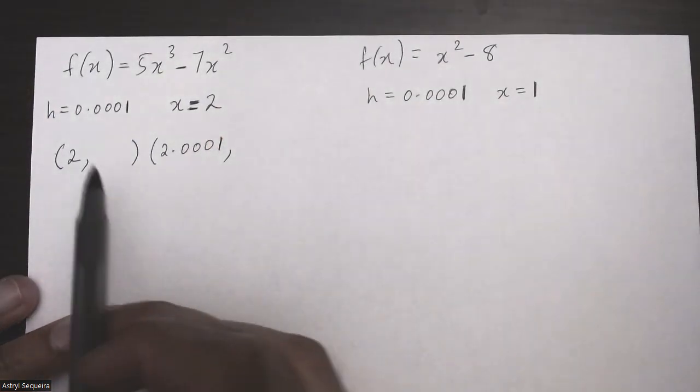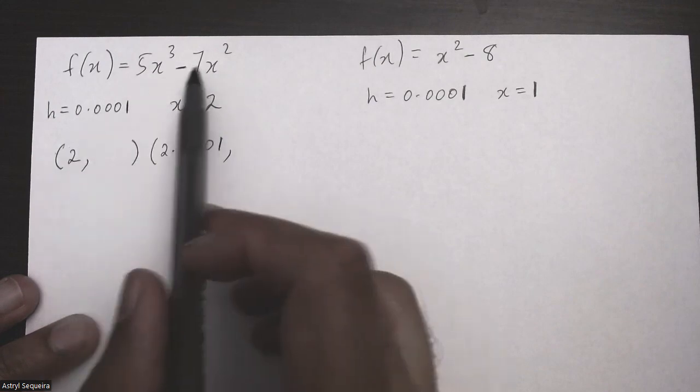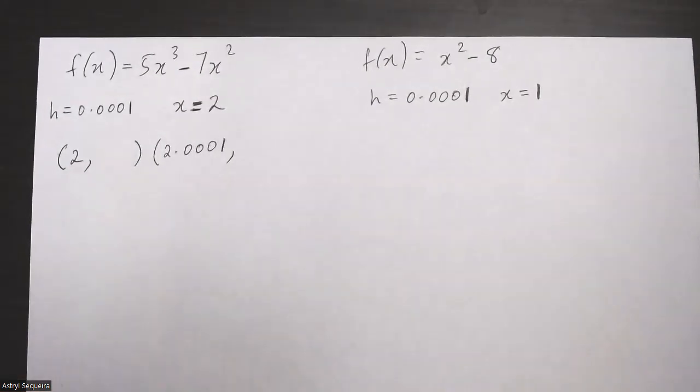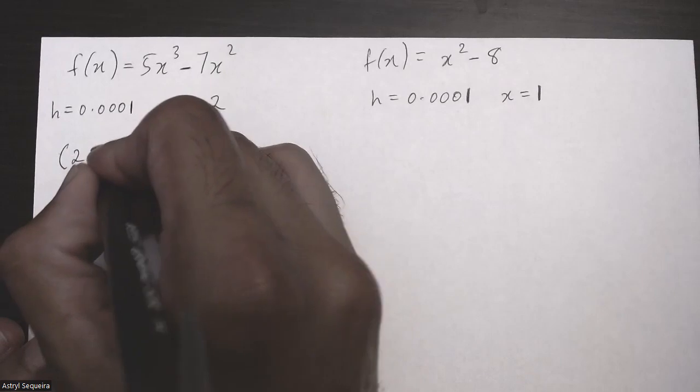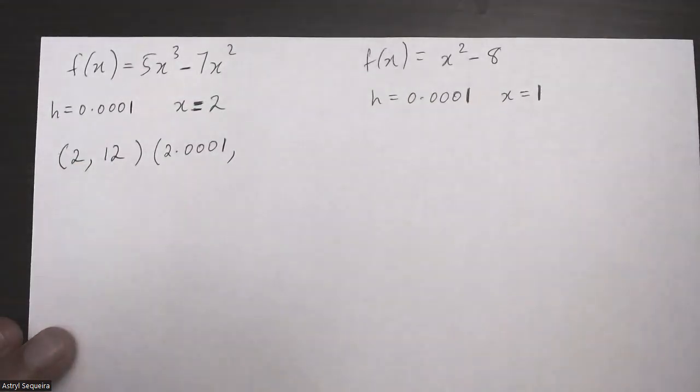Now I need to find the y values. So I'm going to sub 2 into this equation here and find my y value there. And I get a y value of 12 if I put that in my calculator.